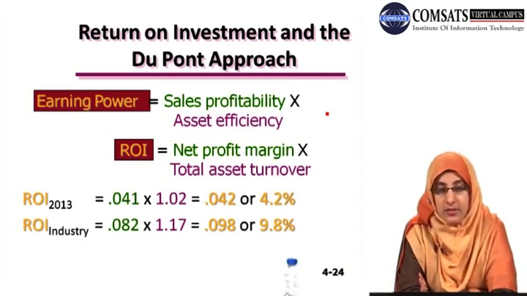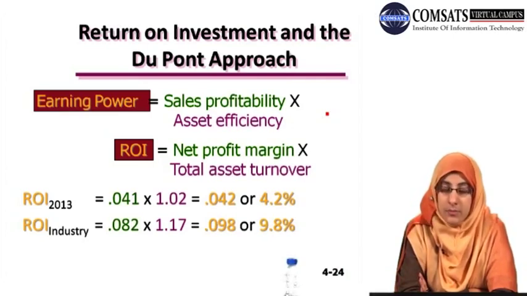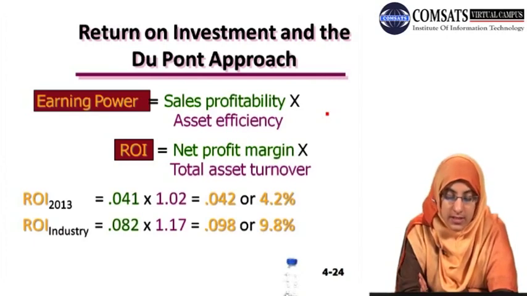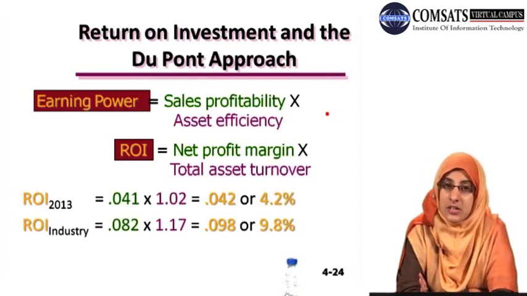If you look at the return on investment using DuPont analysis for 2013 and Basket Wonders, we have 0.041, that is 4.1%, as your net profit margin. If you remember, we just found that the net profit margin for Basket Wonders is 4.1%, and total asset turnover is 1.02. That was what we found in our last lecture, in asset management ratios, that the total asset turnover is 1.02.